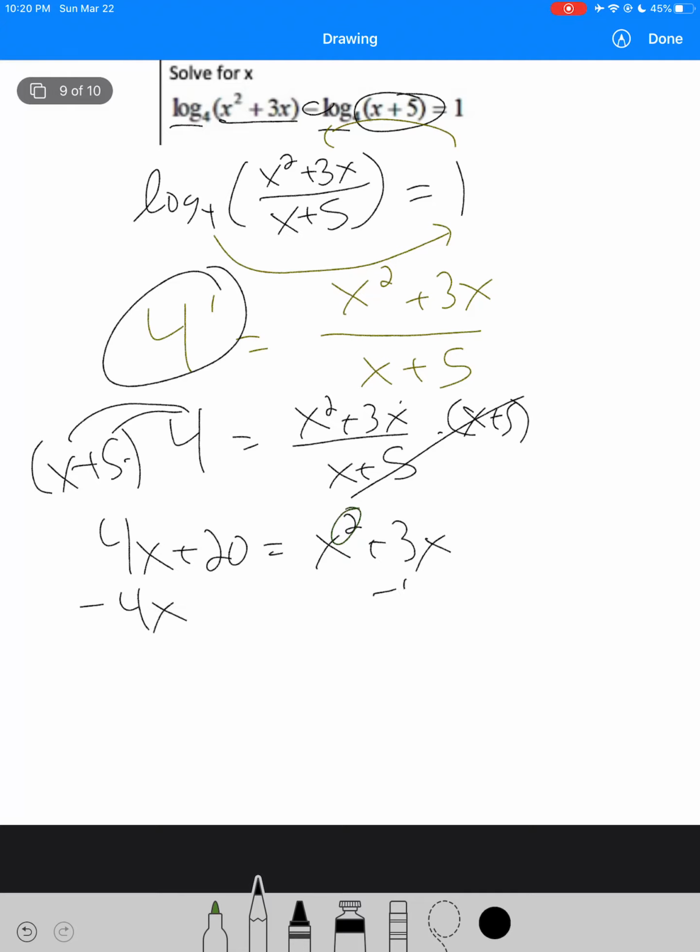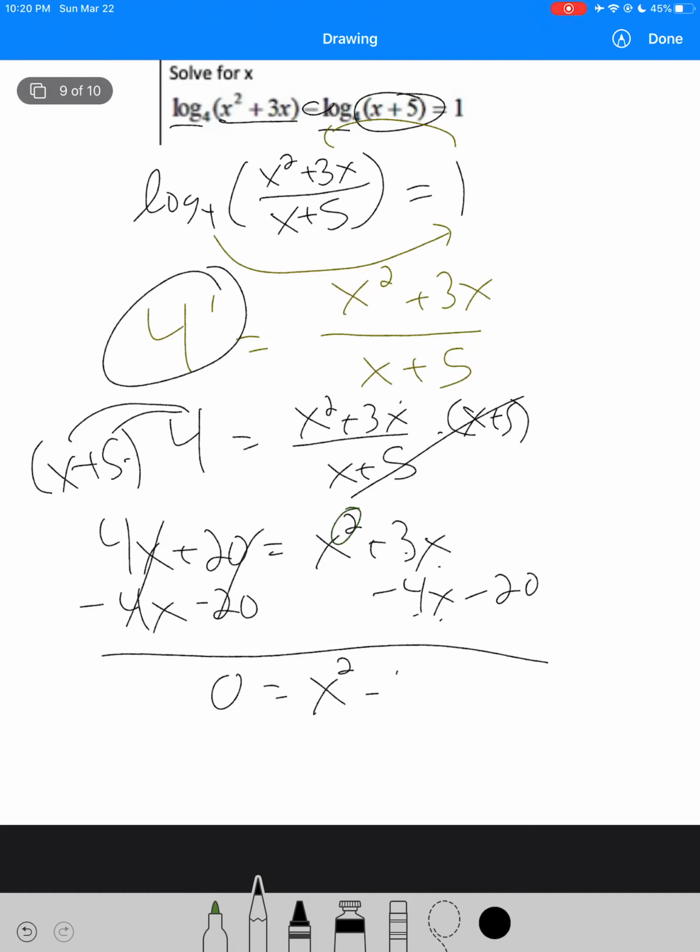which means we're going to have to factor, which means we need everything on one side. So we need to move this over. I'm going to move this over at the same time. So it'll be 0 equals x squared, 3x minus 4x, negative 1x, minus 20. And then we need to use the x method of factoring. I'll do this part quickly. Negative 20 goes at the top. Negative 1 goes at the bottom.